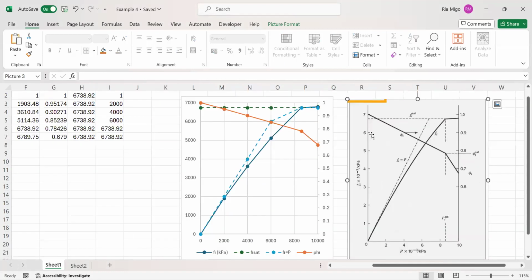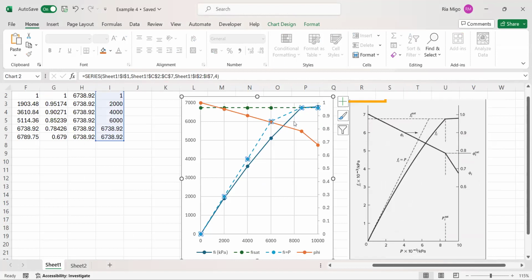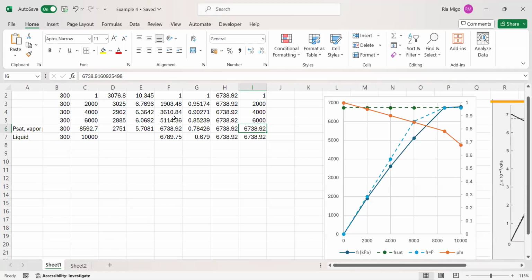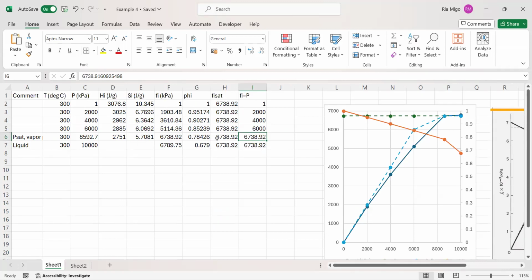The only problem is that I don't have a point at this section. This line should actually go straight and then sit diagonally and then to the right. If we have a point here, which is 6738.92, that means we need to interpolate the enthalpy and entropy, which I do not want to do anymore.